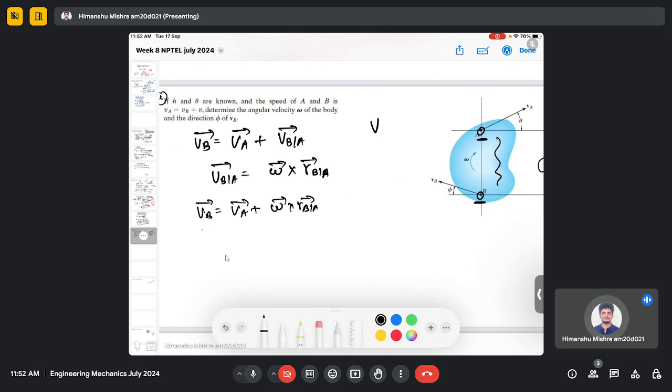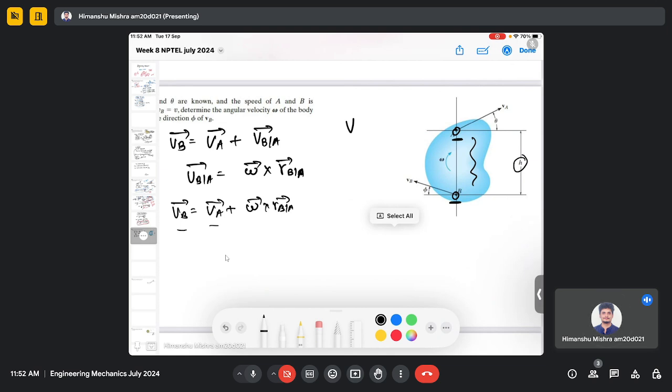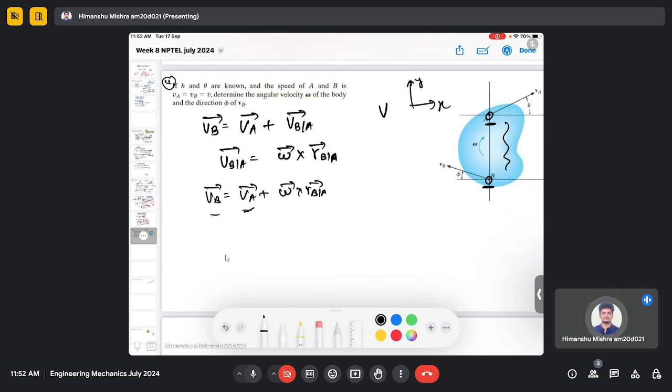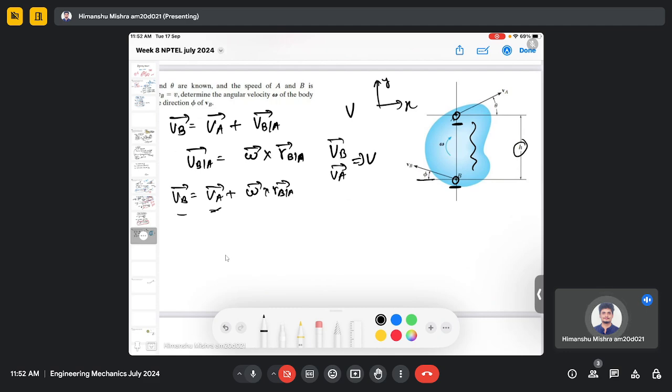Now we have given that the speed of B and the speed of A is V. And you can see this is a two-dimensional problem, so basically the problem can be defined in x and y coordinates, which means the velocity vectors of A and B should be defined in x and y components. So here the horizontal component of VB is moving in the minus x direction, right?